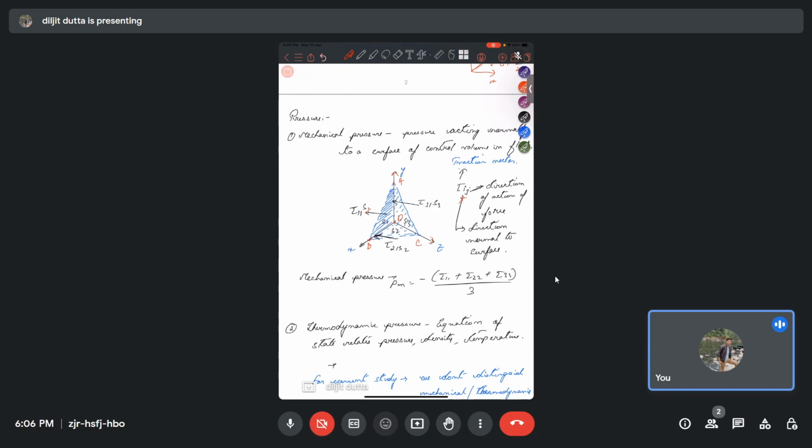Now you have seen that in the surface AOB there will be one force tau 11, acting in the x direction, and similarly we will get one normal stress in the AOC plane, and this will correspond to tau 22. Sorry, there is one mistake. x is towards this side and z is towards the other.